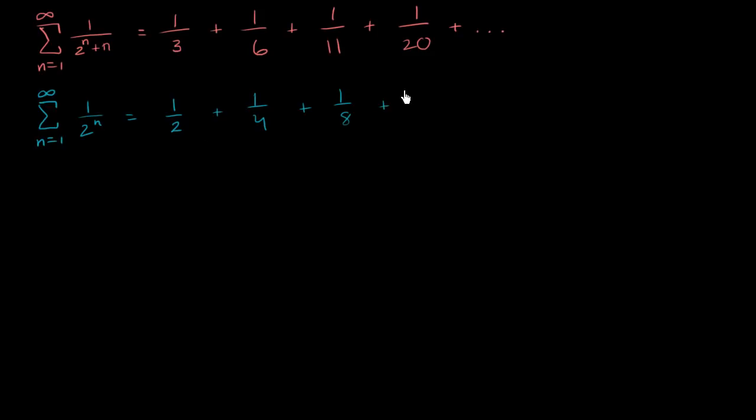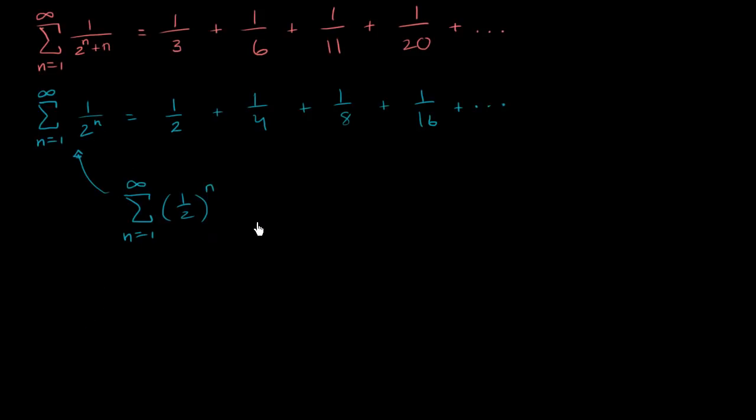When n is equal to 4, this is equal to 1/16, and on and on. What's interesting is we recognize that this is a geometric series. This is the same thing as the sum from n equals 1 to infinity of 1/2 to the n power, just written in a different way.